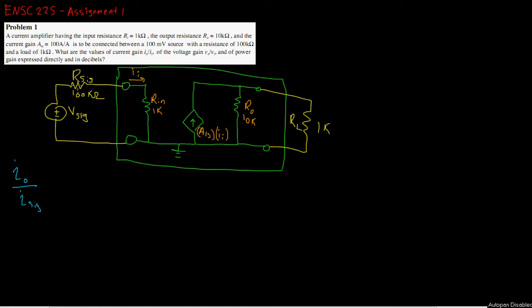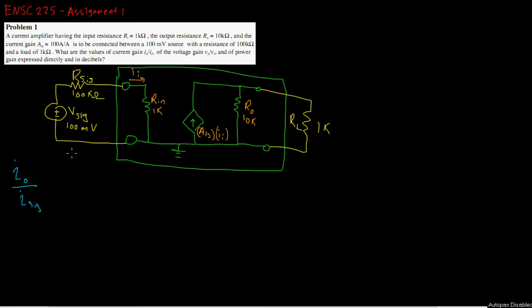So you can do a Thevenin equivalent and turn that into a Norton equivalent and turn that into a current source, but it doesn't really matter. All you really want to do is just find this current I_i that's coming through. So this 100 millivolt source through that 100 kilo ohm R_sig is going to put through an I_i of whatever. You can find that with Ohm's law.